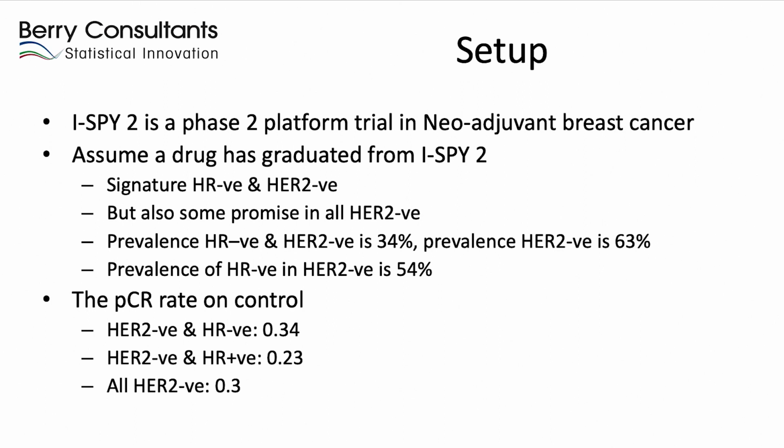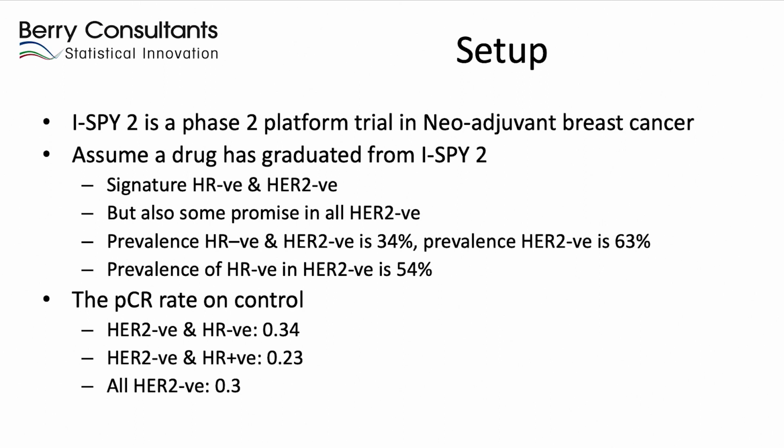So the prevalence of the HR negative and HER2 negative population is about 34%. And then the prevalence of HER2 negative, this is in the overall population of neoadjuvant breast cancer, is about 63%. So rescaling that, the prevalence of the HR negative within the HER2 negative population is about 54%. And we're going to need those numbers to set up our simulation.